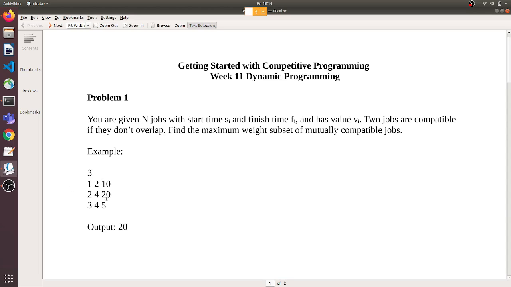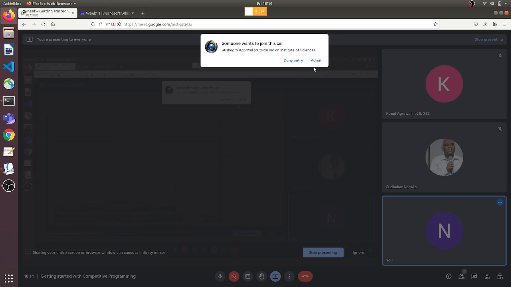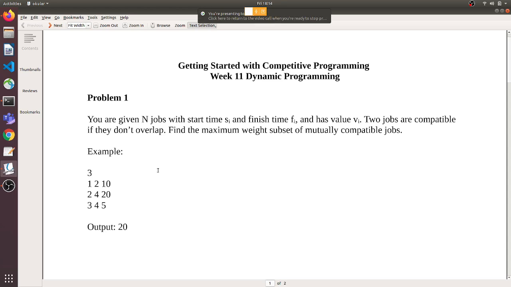But this example is saying that if a job is ending at 2 and another one is starting at 2, then they're not compatible. So job 2 is not compatible with job 1. If we pick 2, we cannot pick 1, and we also cannot pick job number 3, because that is starting at 3 and it will collide with job 2. So the answer is 20 for this case.